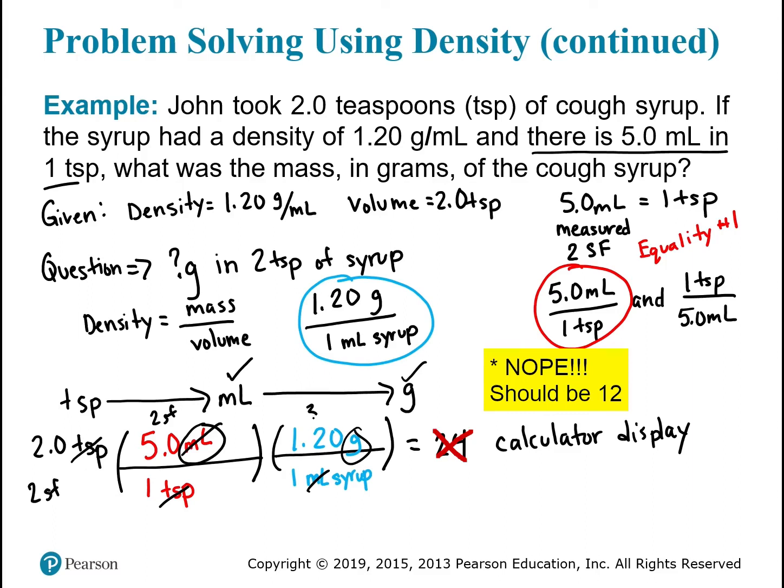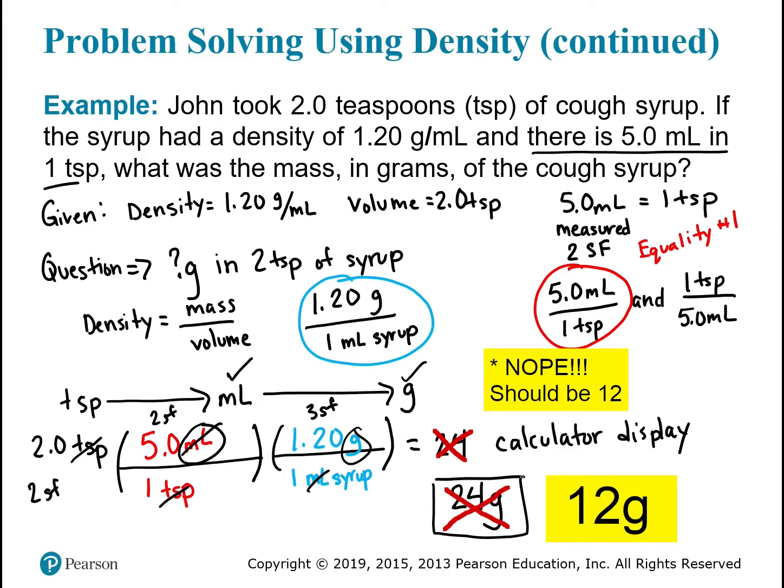And then we've got 3 sig figs in the density. That means that we need to have 2 sig figs here. So our calculator didn't do us any harm this time, but you still need to remember units. Without the units, your answer is incomplete, and an incomplete answer is wrong.